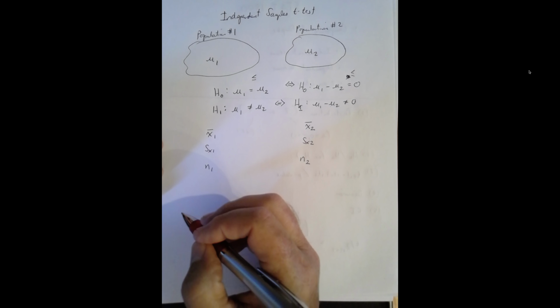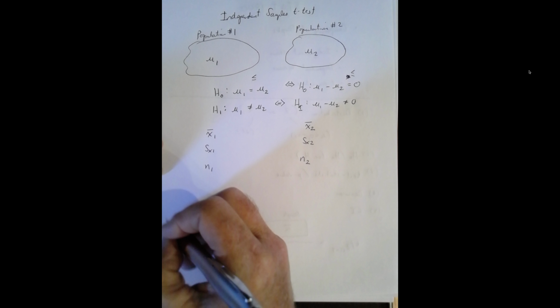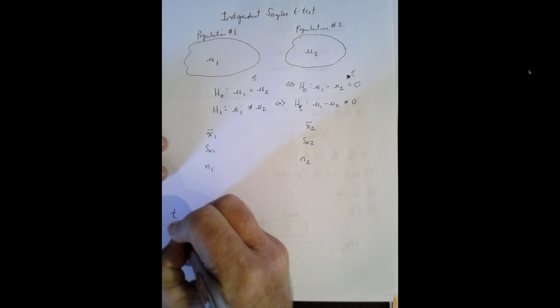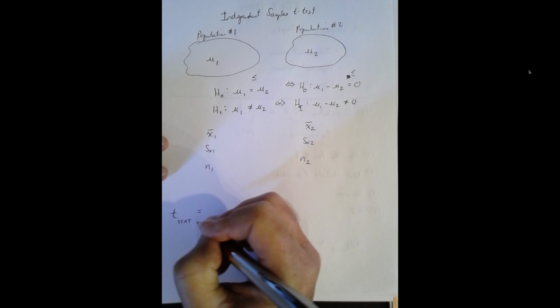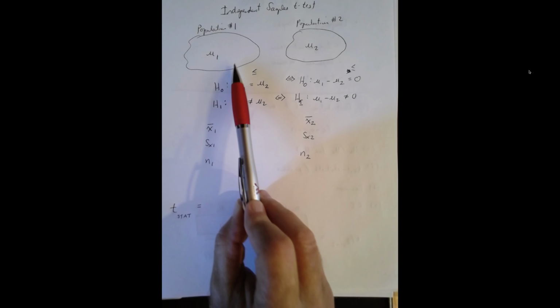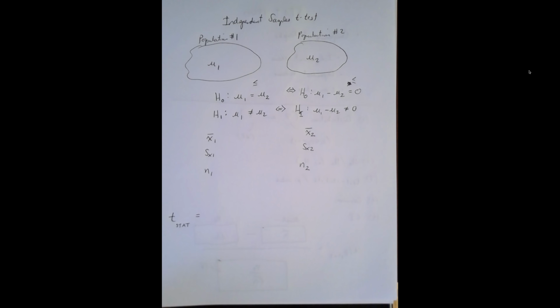Now, let's move on into the test statistic. Now, these types of problems are modeled by the t-distribution. So we don't need to use the Z distribution here unless the population standard deviations were known. And I'm not going to cover those types of problems in this class because they're so rare, and most of the technology doesn't even cover that anyway.